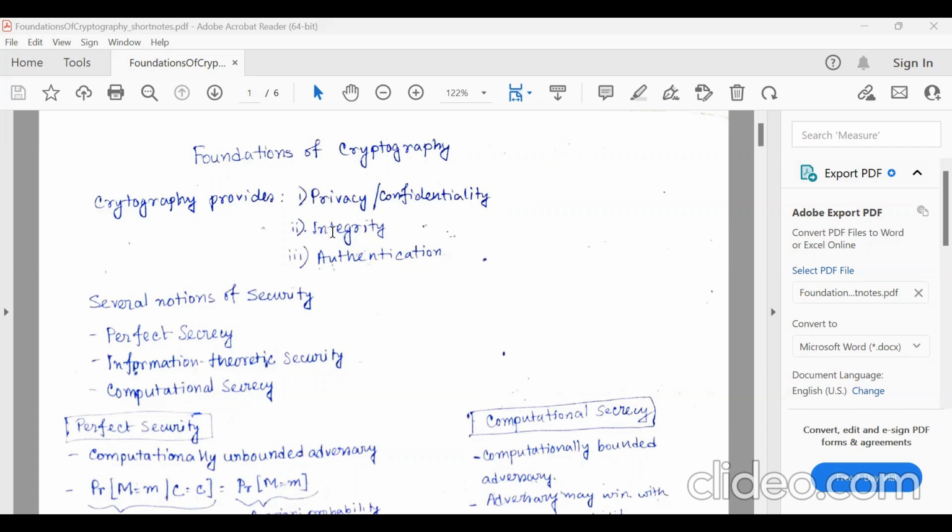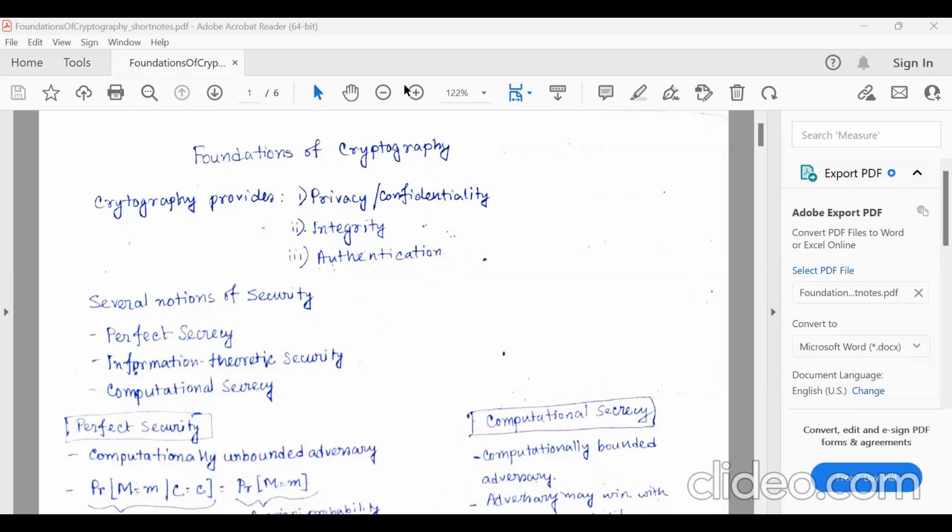Even if it is changed midway, that change should be detected, so that we know the message we received is not the exact one that was sent from the sender. And the third point is authentication. Whoever is the sender, like I am receiving a message and I see that some party A has sent this message, we need to verify that it is indeed party A who generated that message and sent it to me. That part is ensured by authentication.